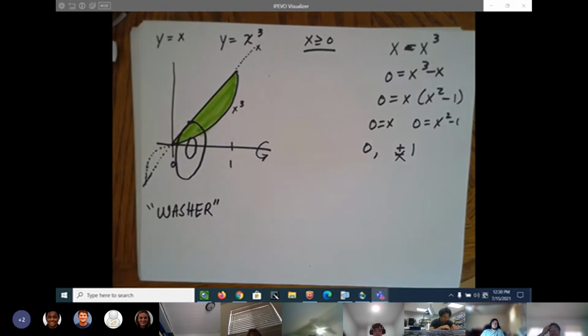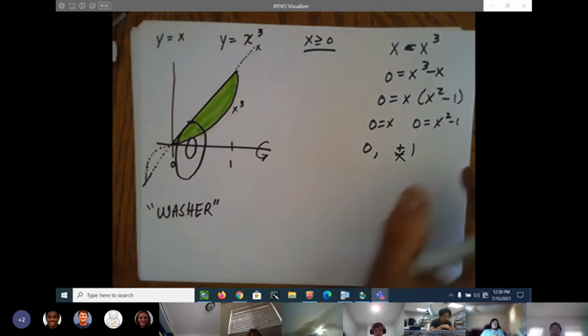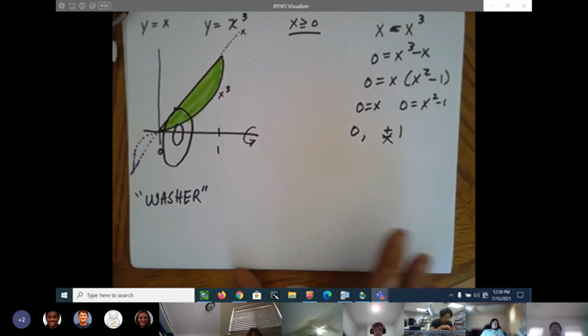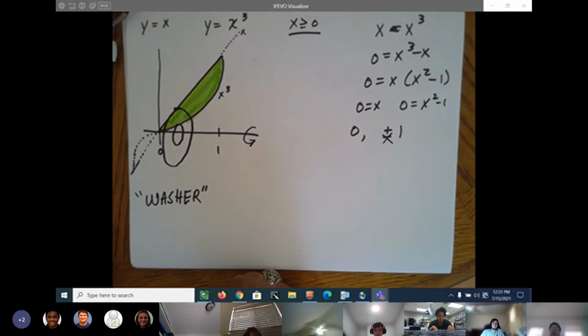Okay? So somebody tell me, just looking at the graph, how would you set this one up? Just looking at the graph and what you know of a washer, it's a big circle with a little circle.